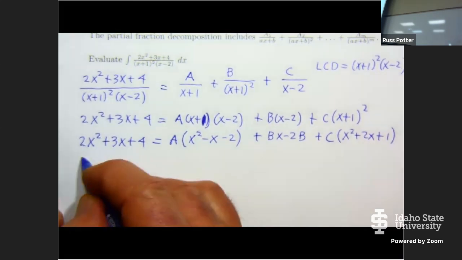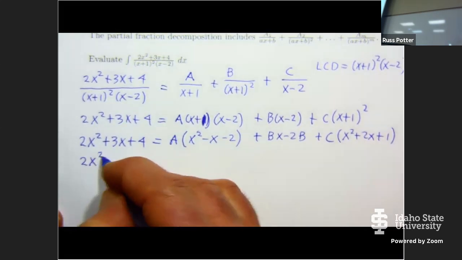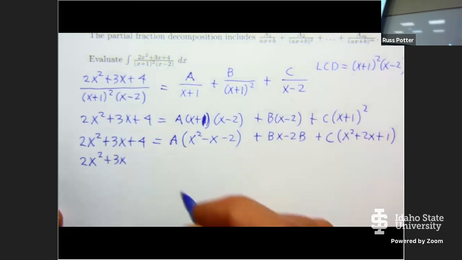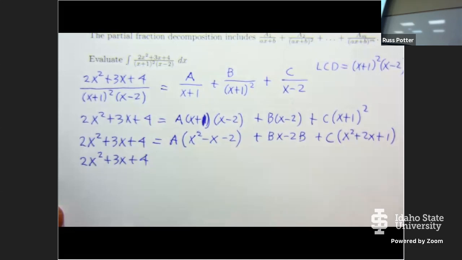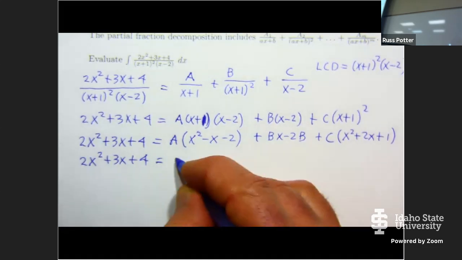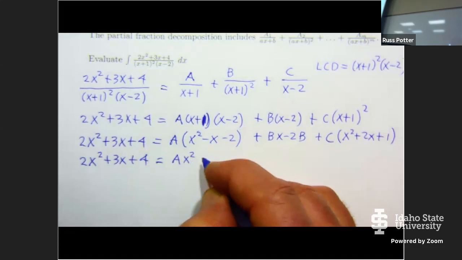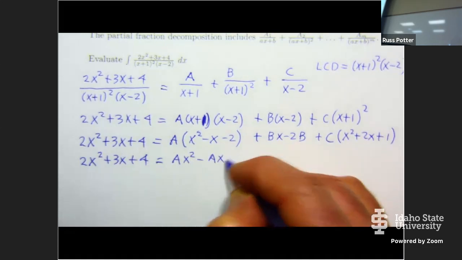Okay, so this method is also tedious. This is a fairly simple example. But let's multiply a times x squared minus x minus 2. We get ax squared minus ax minus 2b.